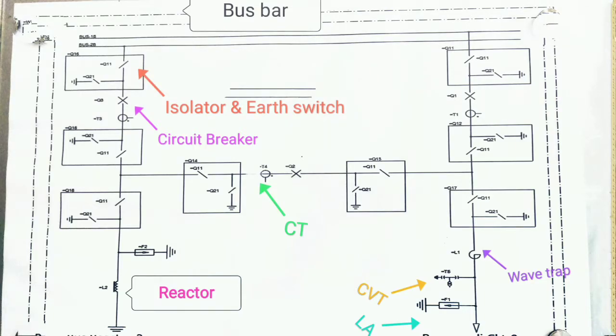Then the main equipment in this scheme is the isolator and earth switch, which means for each earth switch. And next is the circuit breaker, then the CT, which means current transformer, which measures the current and is also used for protective purposes, which means protection of this total bay, the line, and from the bay to the bus bar, all given by the CT and PT.